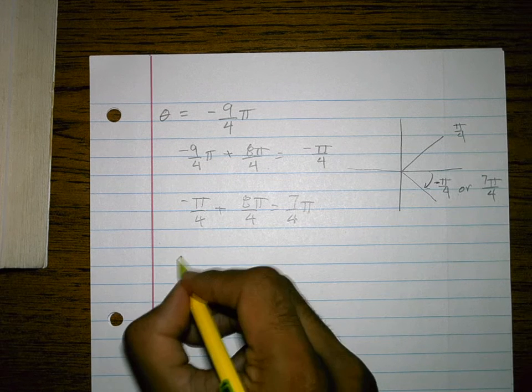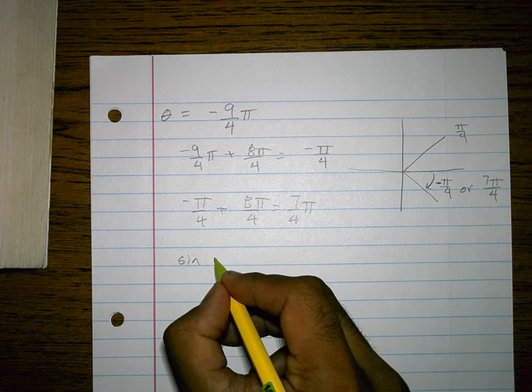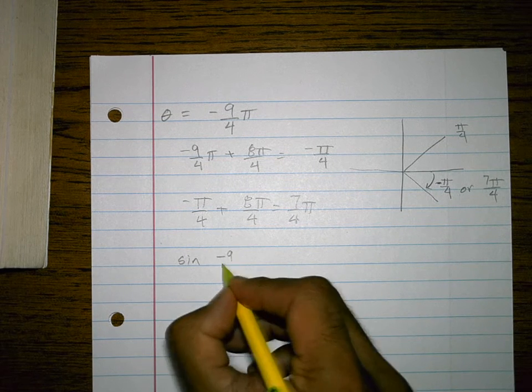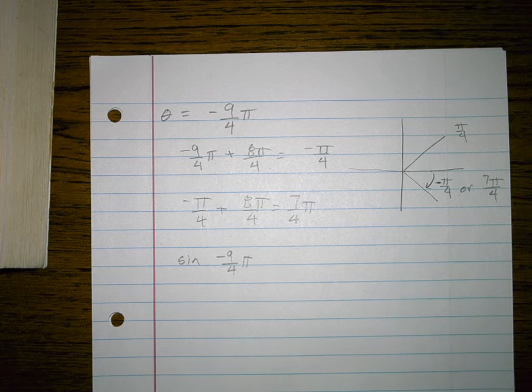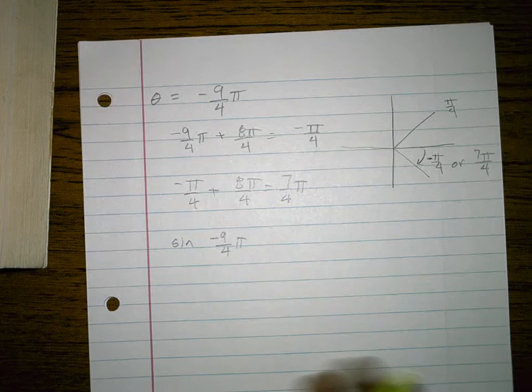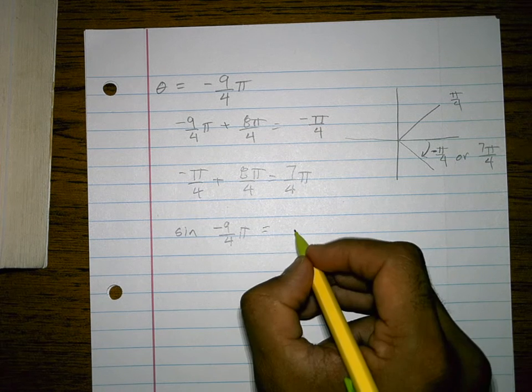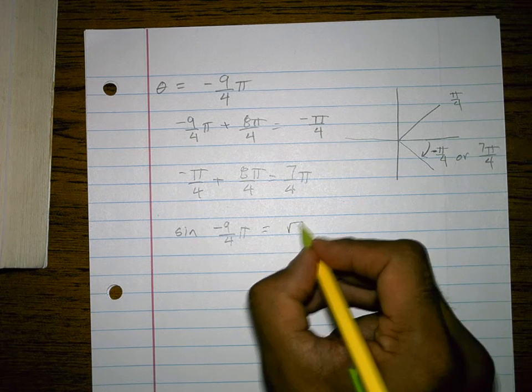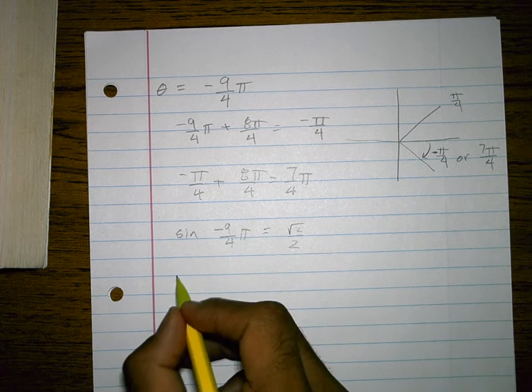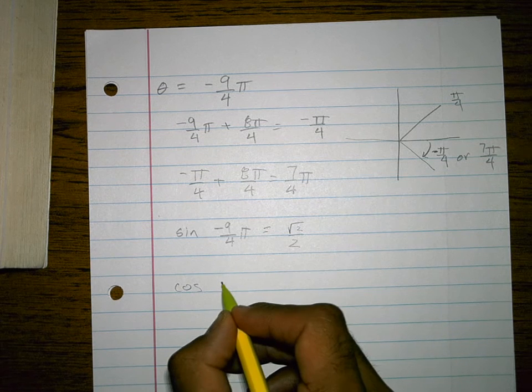So the sine of negative 9 pi over 4 is equal to root 2 over 2. I'm going to deal with the positives and negatives here in a second.